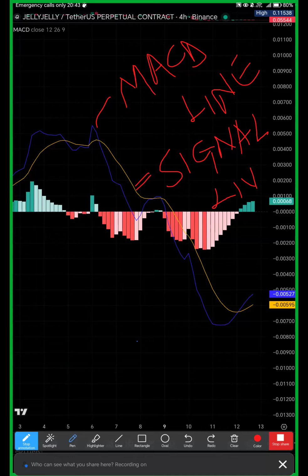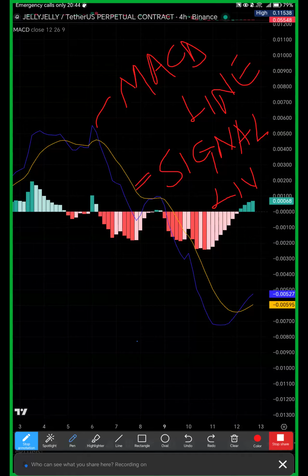When I say market, I'm referring to the price of a particular asset, because every cryptocurrency has got a market, which is price. So the MACD line and the signal line normally show us the trend of the market. Where is the market coming from? Where is it going?